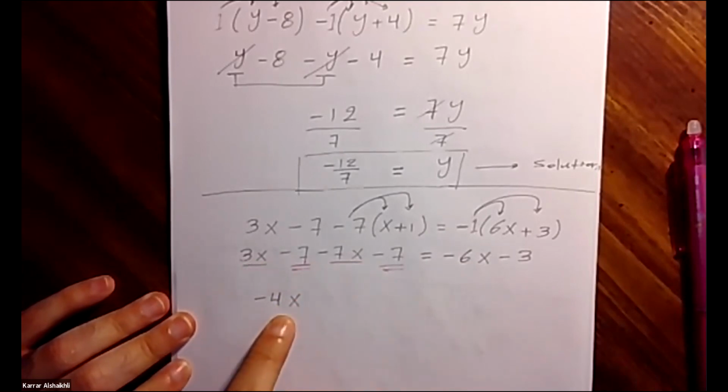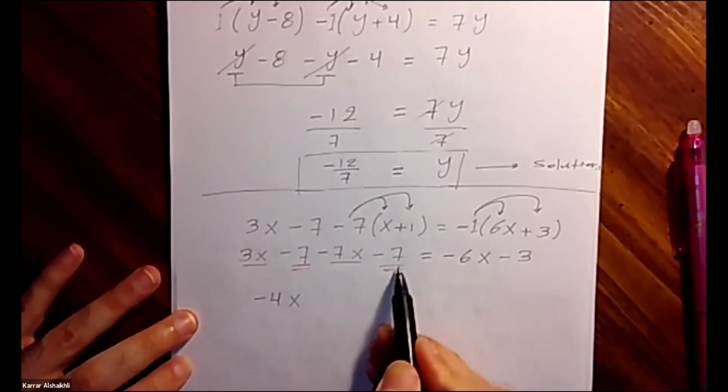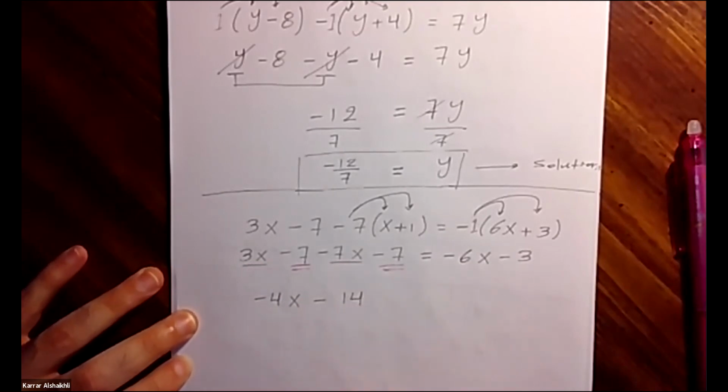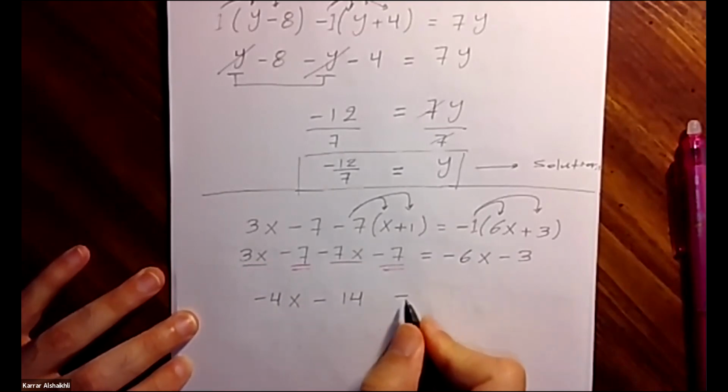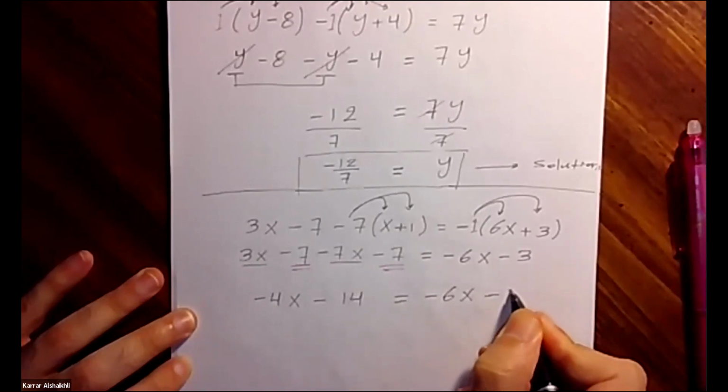And here is the x. You see, I'm not going to do anything with the x. Just write it down exactly the same. Negative 7 minus 7 is going to be negative 14. And here is the equal sign, negative 6x minus 3.